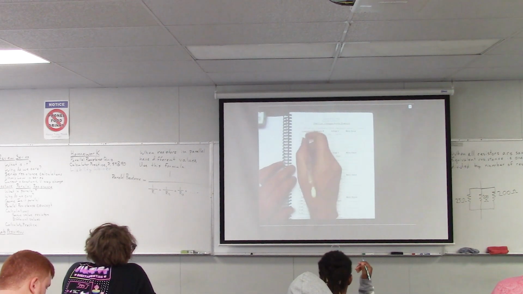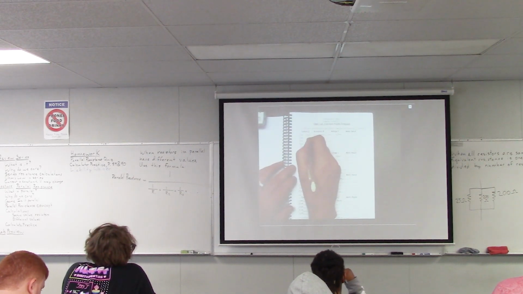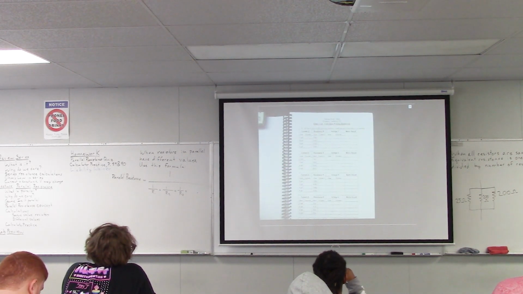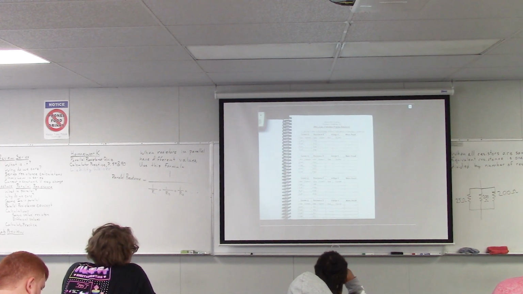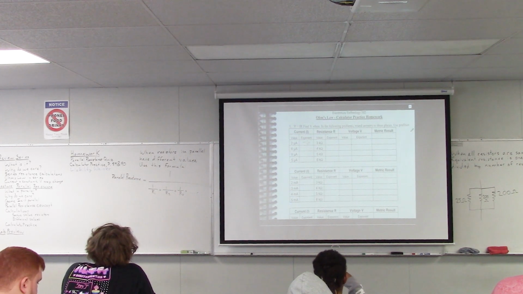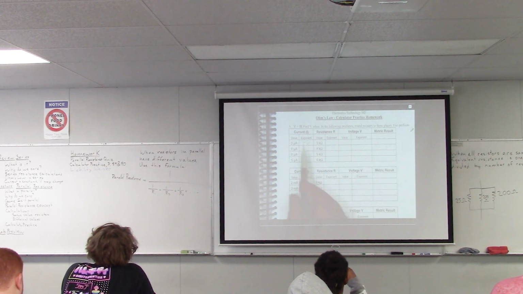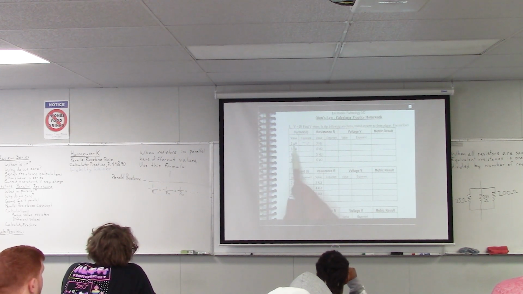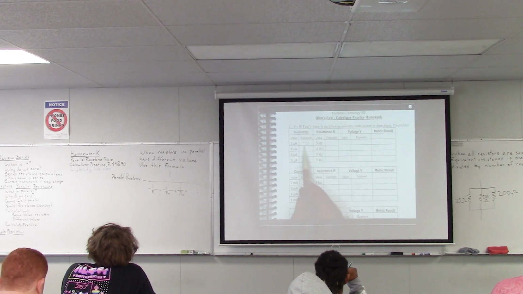So we would put down an exponent of minus 6 for that. Can you see that writing on the board? Let me zoom in here a little bit. All right, so we said that the exponent for micro is minus 6, so we write that down.